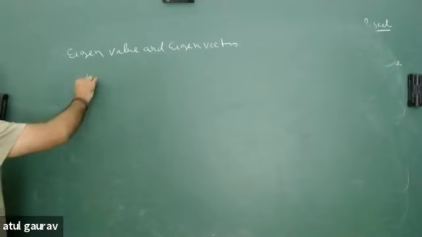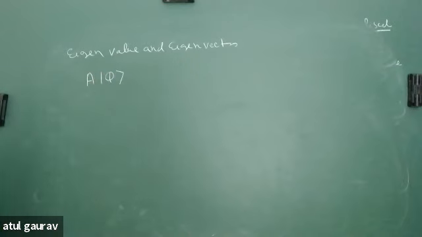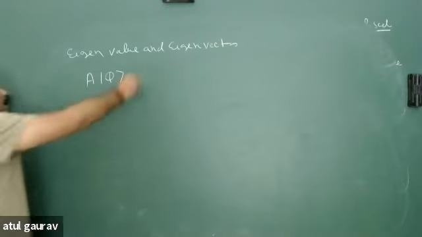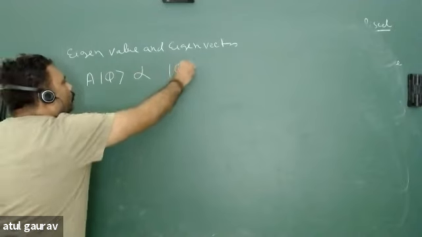Suppose I have an operator, and this operator operates on some ket. What will I get? I will get exactly the same ket in a proportional way.